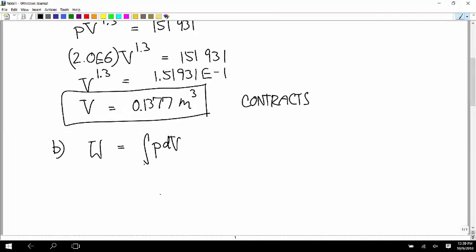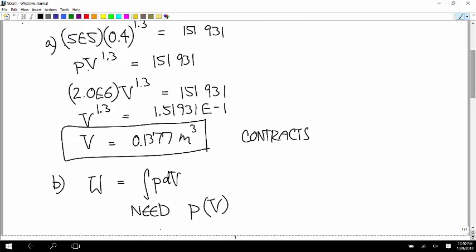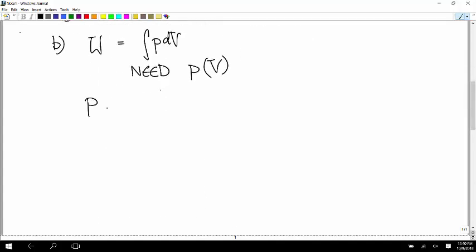So whenever you're doing this integration, what you need is pressure as a function of volume, okay? And so if your relationship is that P times V to the 1.3 is equal to this constant, you need to multiply both sides by V to the negative 1.3, and you get P as a function of volume is equal to 151,931 V to the negative 1.3.